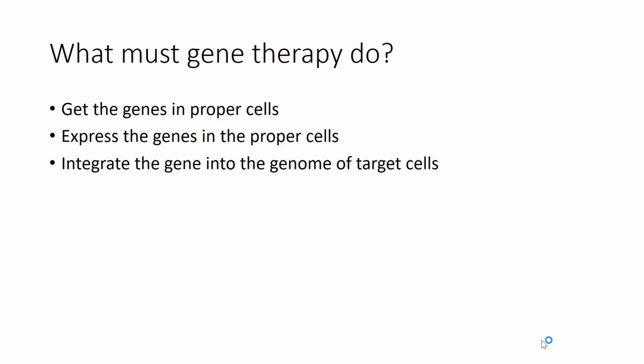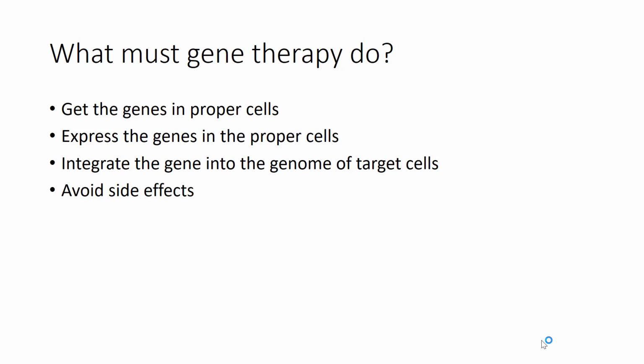And this is one of the reasons why gene therapy tends to be a short-term success in humans so far, is that it's incredibly difficult to actually integrate this gene into the genome. And this is one of the reasons why we're going to focus on CRISPR, because it provides us one of the best ways to incorporate the gene exactly where we want it in the genome.